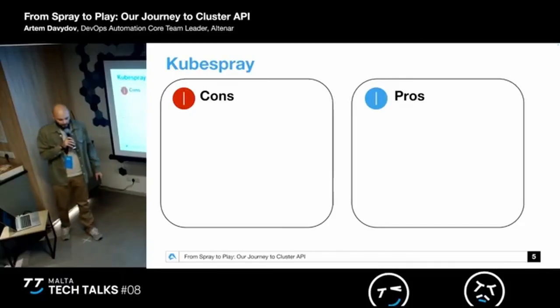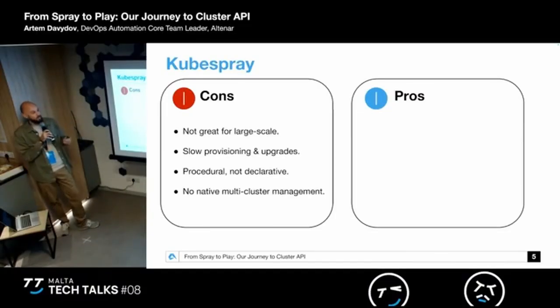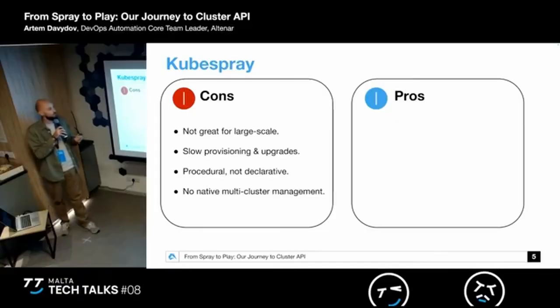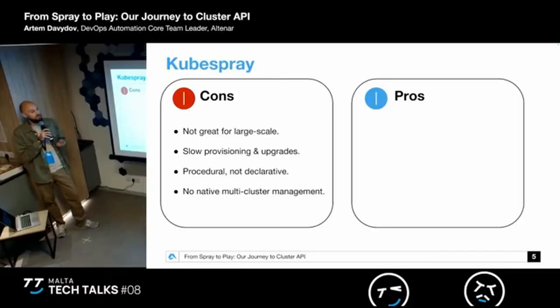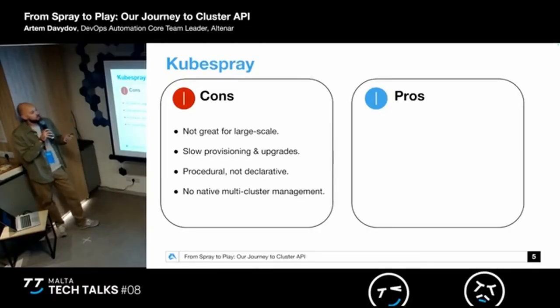What is kubespray? Kubespray, as I mentioned, is an Ansible playbook with a lot of roles for creating, updating, and managing a Kubernetes cluster. What are the cons of it? So it's not great for large scale. Slow provisioning and upgrades.